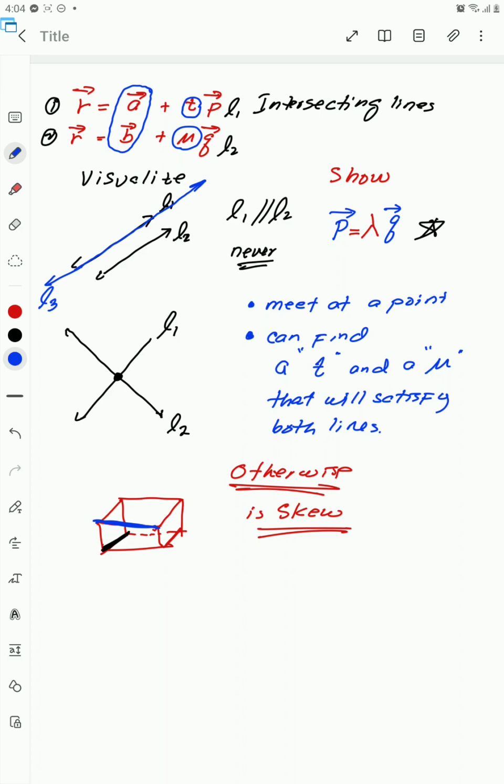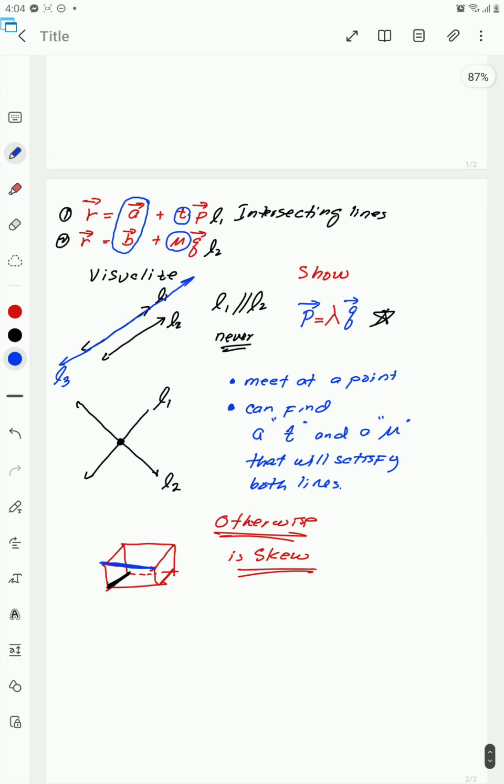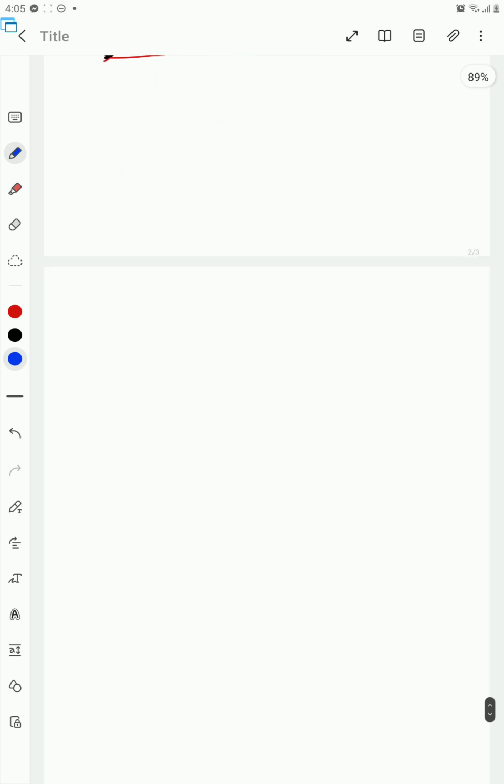Now, for this to actually make sense, let's create some examples.